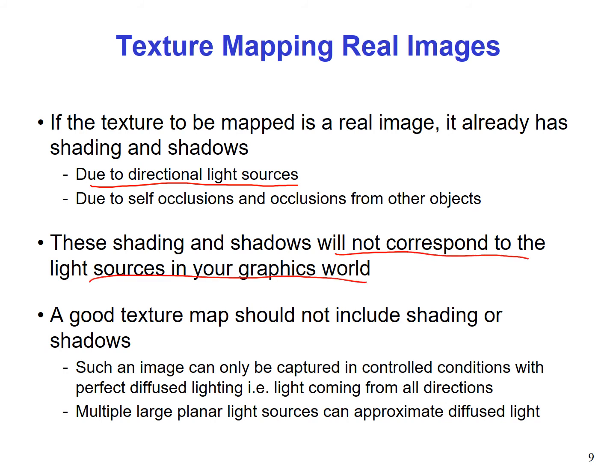So if we want to generate a good texture map, we should not include shading or shadows in our texture map. We should try to take the image in an environment which would minimize the effect of shading and shadows. Such an image is also called an albedo, and it can only be captured in controlled conditions with perfect diffuse lighting: light coming from all directions, and multiple planar light sources can be used to approximate such an effect.